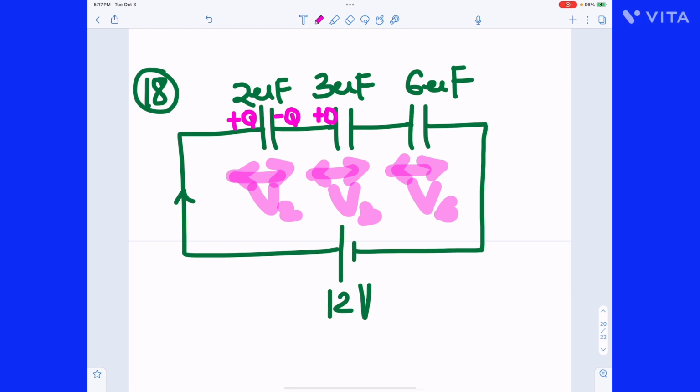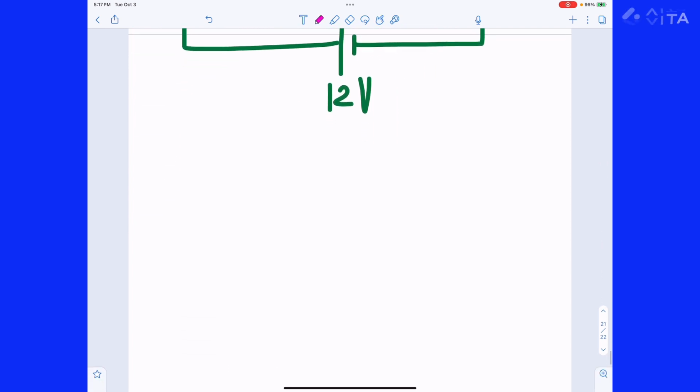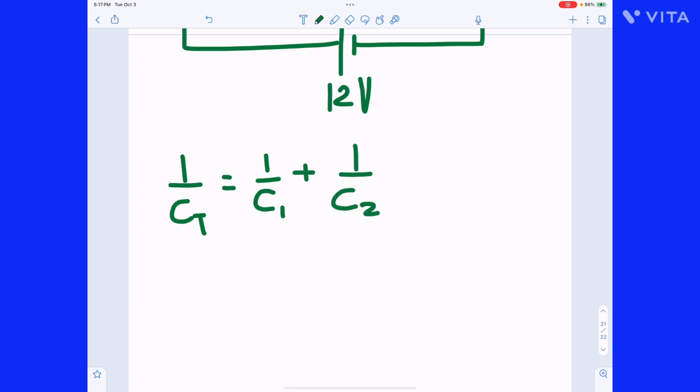That will also be transferred here, minus Q, and plus Q, so you take it like that, plus Q minus Q, till you get to the end. So let's go. First of all, we should find the total capacitance of all the 3 capacitors. 1 over C total is equal to 1 over C1 plus 1 over C2 plus what?